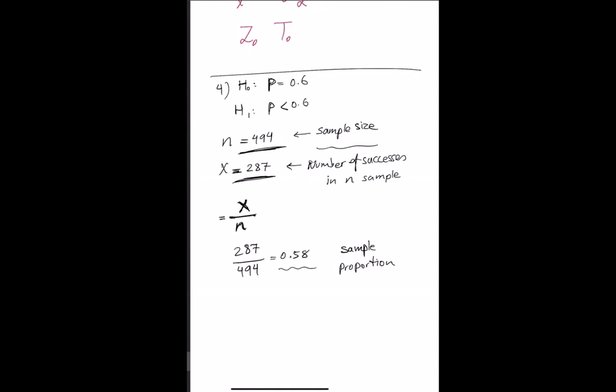I asked them, 287 of them say, oh, we watch. So this gives me the proportion of this sample that will watch NBA games. So this is a sample proportion, the proportion of the sample that reacted successfully to whatever question or experiment we are performing.